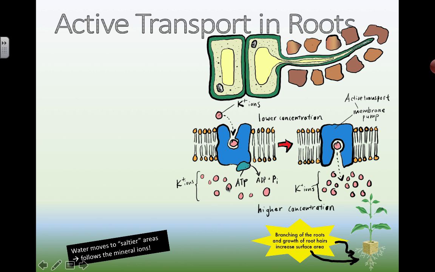You don't understand right now how huge this concept is, that water moves to salty areas. It is so important in everything from the cell level to the tissue level, what we're talking about here in plants, to the organ level. If you've already done some human physiology and learned about the kidney, this is exactly how the kidney works.